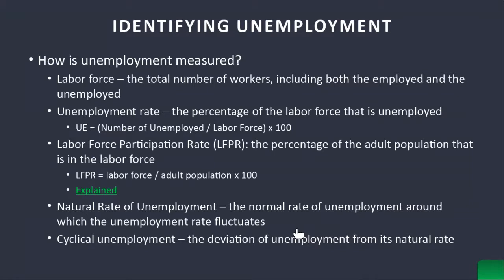Finally, we have another aspect of unemployment, which is cyclical unemployment. And this is the deviation of unemployment from its natural rate. And the reason this is called cyclical is this has to do with whether or not the economy is booming or whether it's in a bust period. So when the economy is booming and you're below the natural unemployment rate, that is to some degree an aspect of cyclical unemployment.